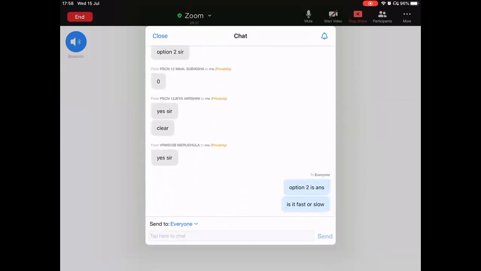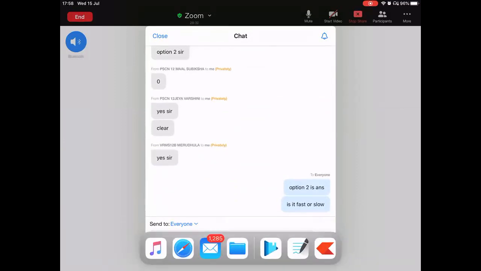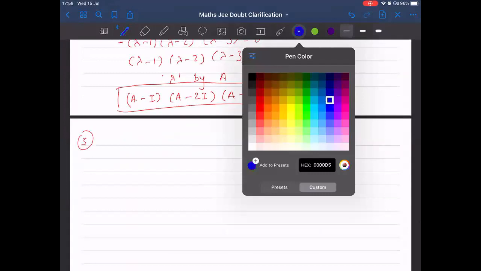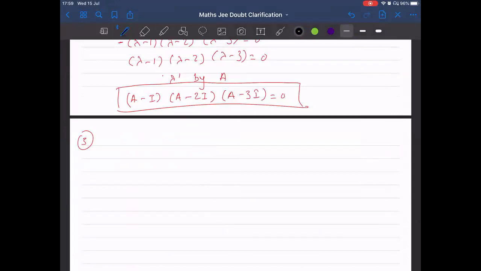Okay, let us go to the next question. If A is the matrix 1, 2, 2, 2, 1, 2, 2, 2, 1, then what is the value of A cube minus 4A square minus 6A?